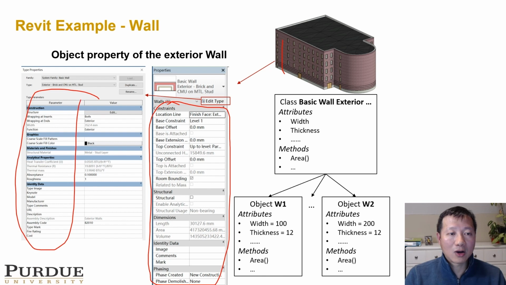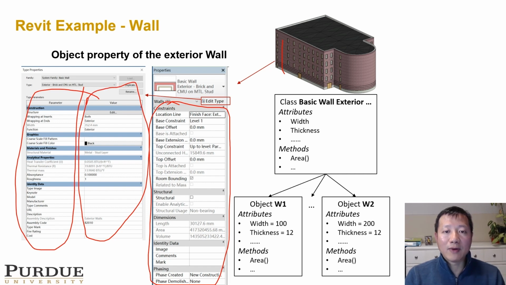We call them parameters, and also the values associated with them. The difference between these two sets of attributes is such: all the values here at the class level apply to all the objects that are of this type.